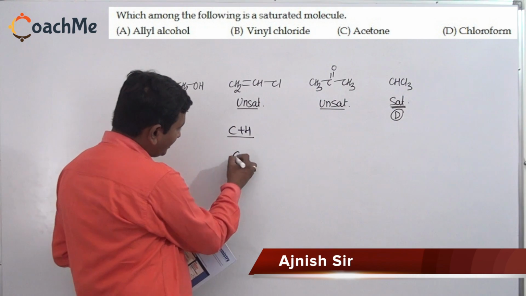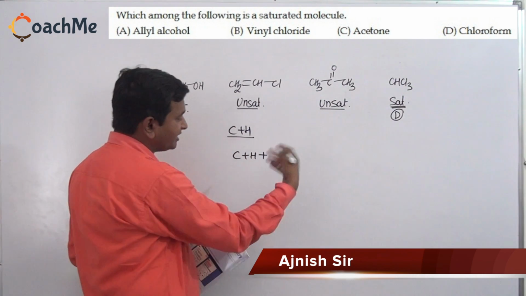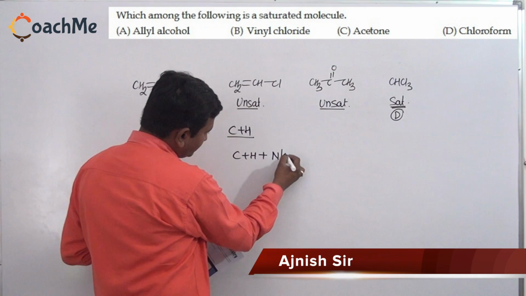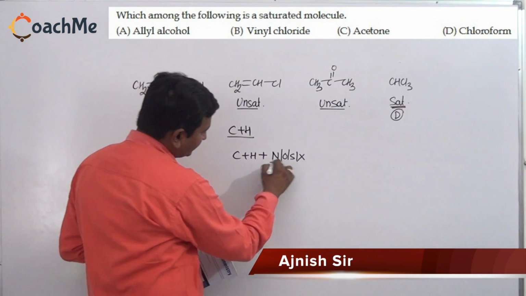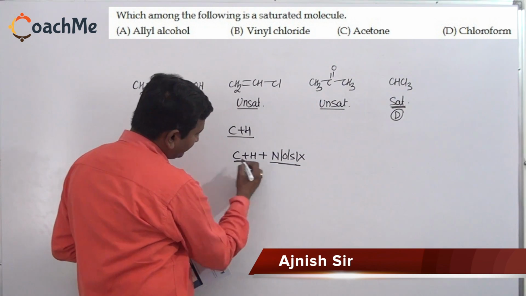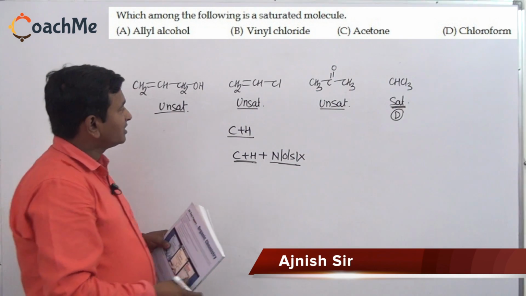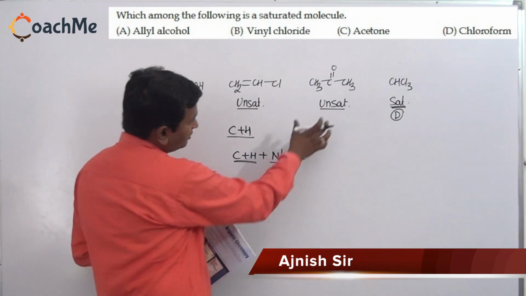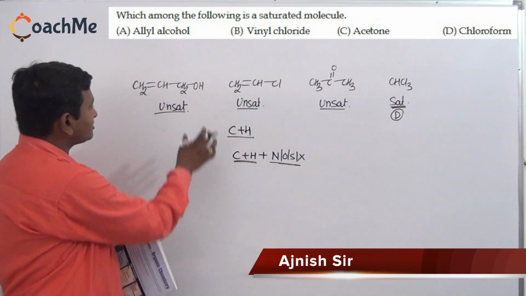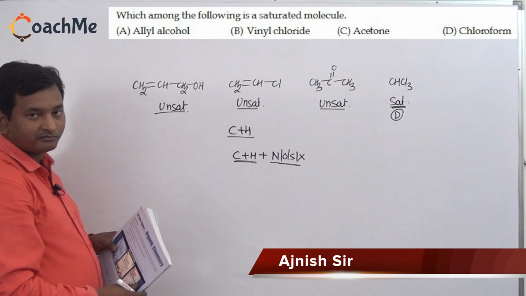But if a molecule has carbon, hydrogen along with any other atom such as nitrogen, oxygen, sulfur or halogen, then they are called derivatives of hydrocarbon. So this molecule is a derivative of hydrocarbon. This is also a derivative of hydrocarbon and this is also a derivative of hydrocarbon.